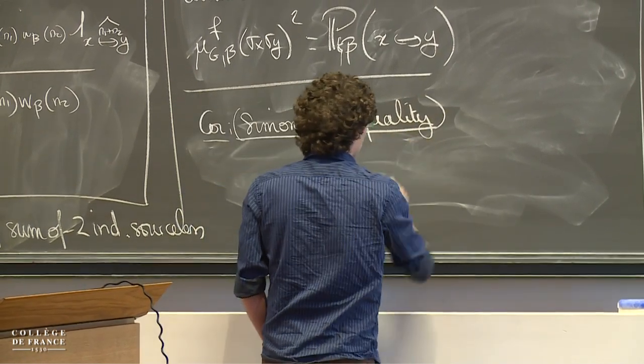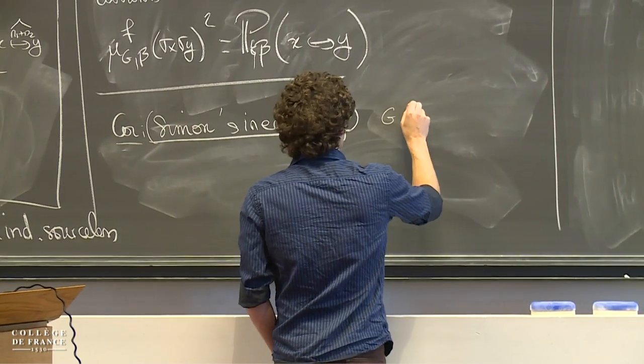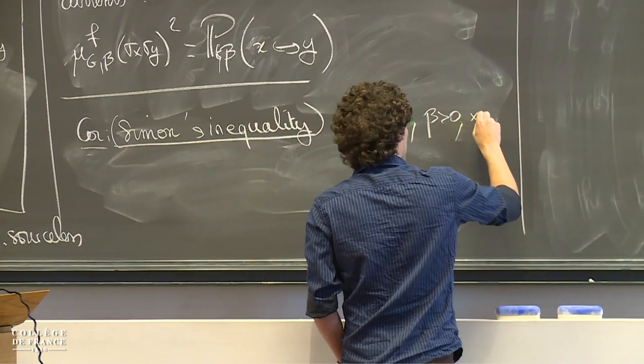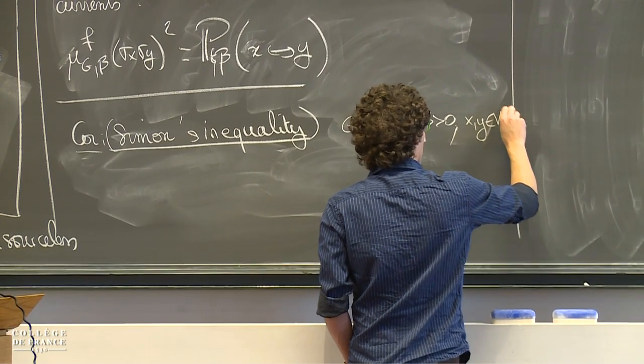So let's start with Simon's inequality, which says the following: G a subset of Z^d, β positive, and x and y in V(G).